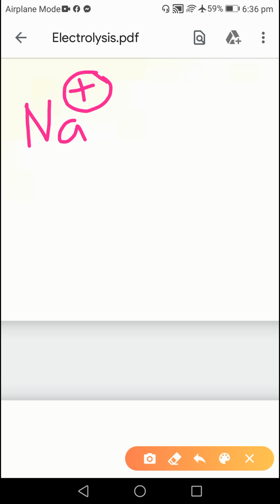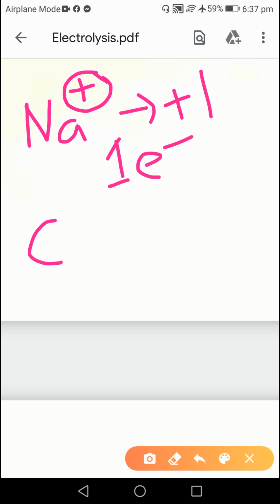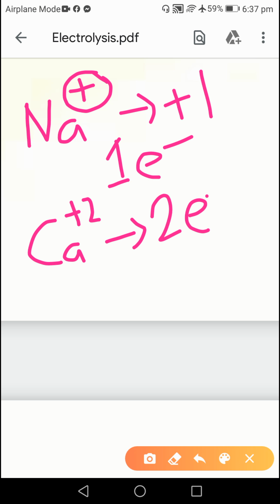The charge is +1. So sodium will deal with only 1 electron. What is the charge on calcium ion? The charge on calcium ion is +2. So calcium will deal with 2 electrons.